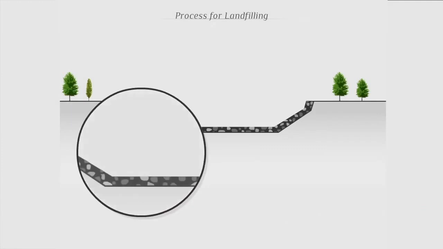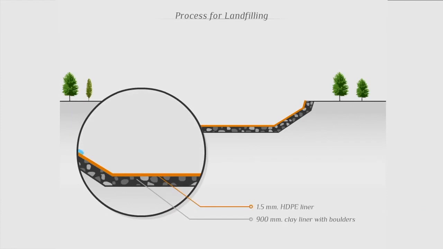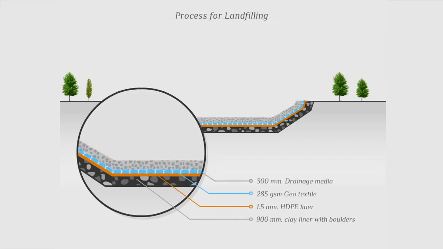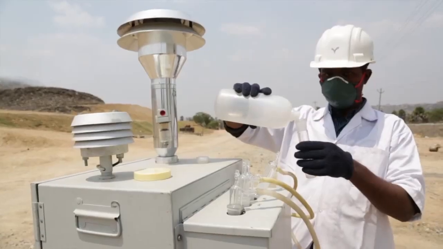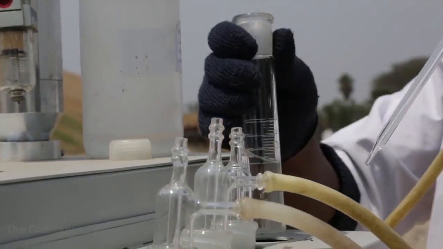The landfill comprises of multiple layers of boulders, clay, HDPE sheets, geotextile, and leachate collection network of HDPE material. These layers are of varying thickness to ensure that no leachate from the landfill percolates the soil and groundwater. Landfill operations are closely monitored to record any leachate movement.